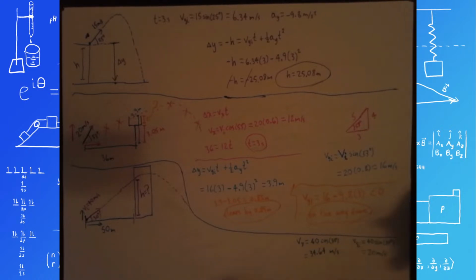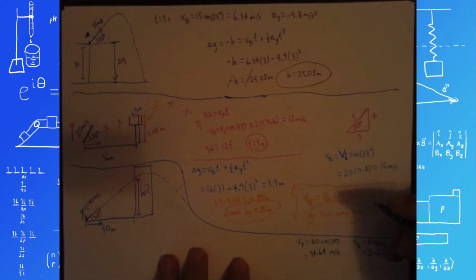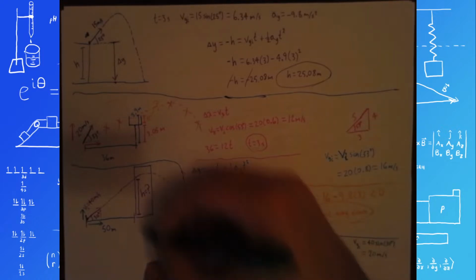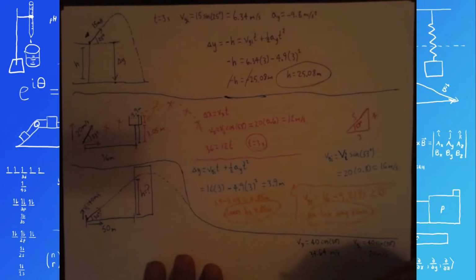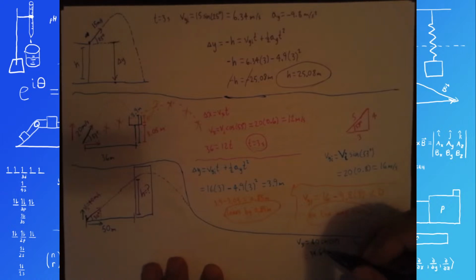34.64 meters per second. Okay. So this problem is, again, going to be horizontally restricted. That is, my time depends on how soon I arrive at a certain horizontal threshold. So let's calculate that first.